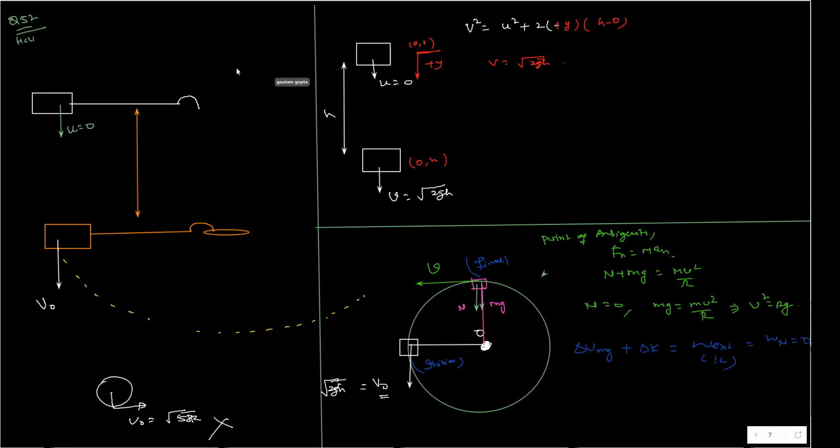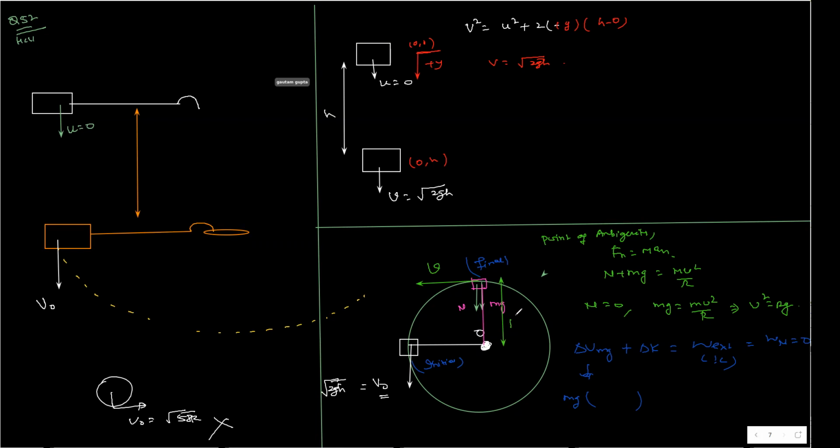Delta U_mg is mg into the change in height from initial to final. What is the change in height? This is the initial position, this is the final position, and this is the height change between them. So this height is your radius of the circle.